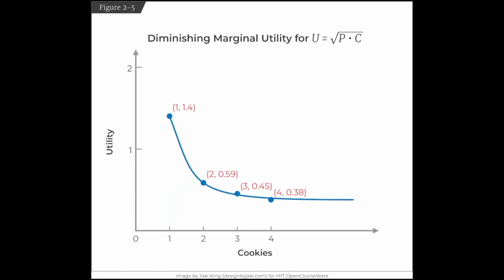And we'll talk about measuring this. The first cookie gives you a utility increment of 1.4. You go from utility of 0 to utility of 1.4. The next cookie gives you utility increment of 0.59. You go from utility of 1.41 to utility of 2. The next cookie gives you utility increment of 0.45, the square root of 3.